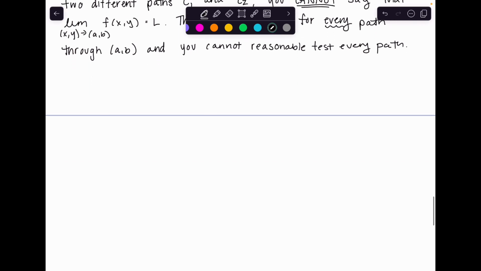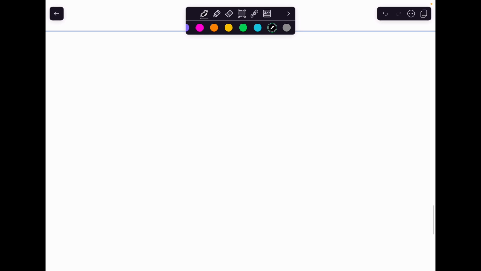So I'm going to try another example now. And again, we're told the limit does not exist. So we're going to show the limit as (x, y) approaches (0, 0) of 3xy over 2x squared plus y squared does not exist.